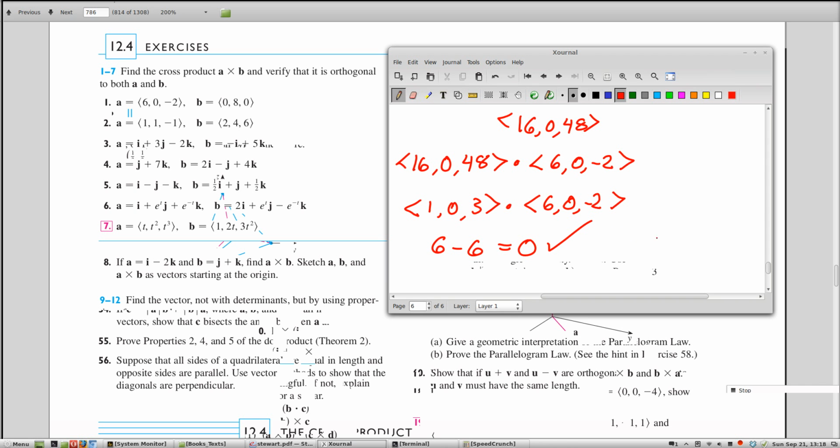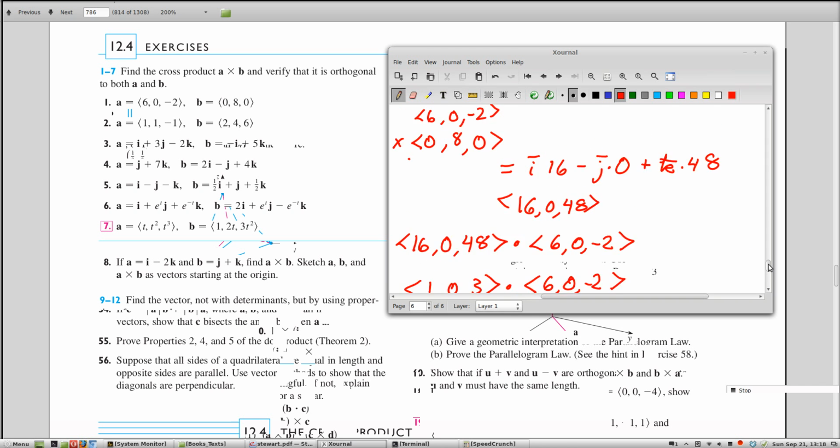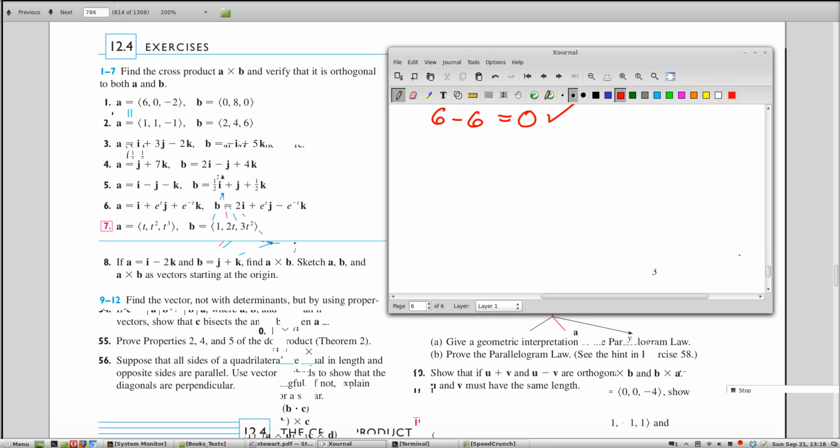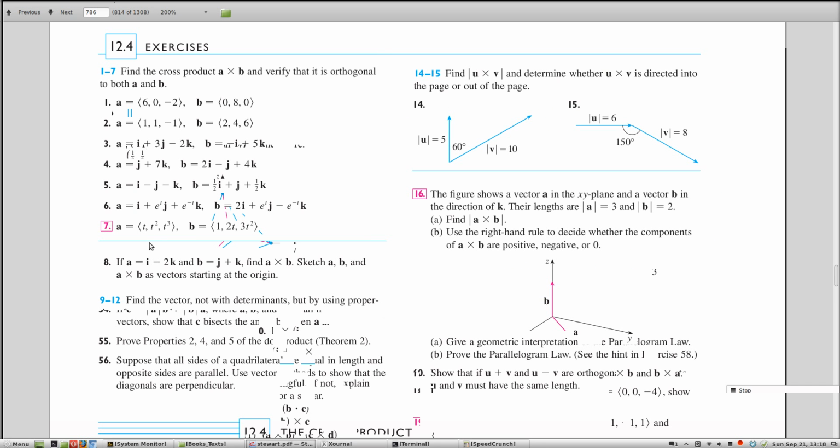And so, if you're still feeling skeptical, try that. Actually, it's really easy to see that if you dot these two, then you get 0, because all the zeros sort of line up, and it obviously is 0. This is a little bit more abstract. I really suggest you do number 7.